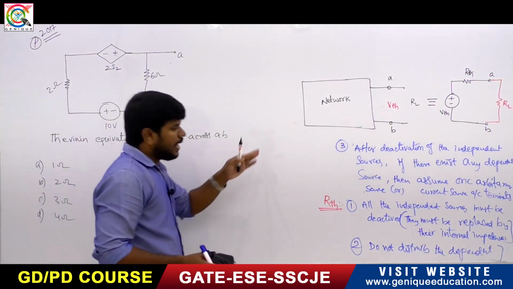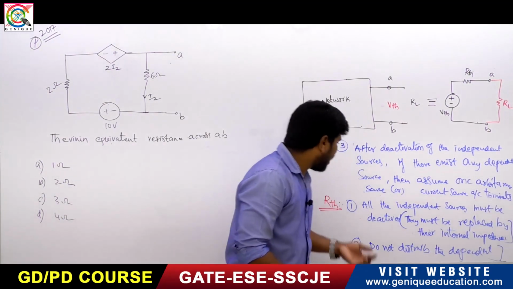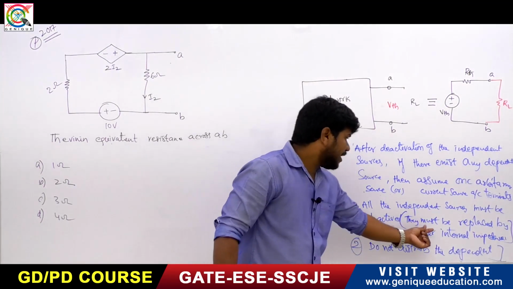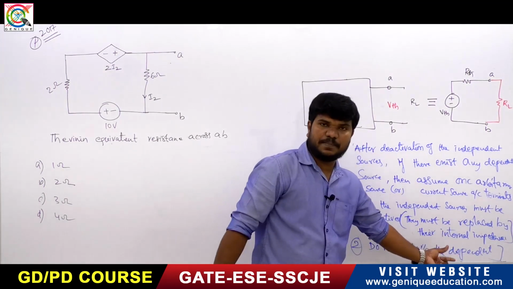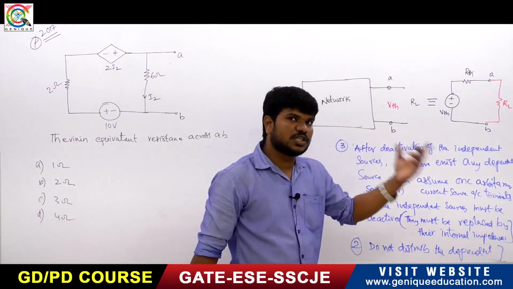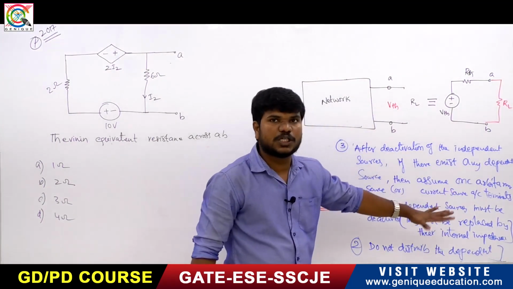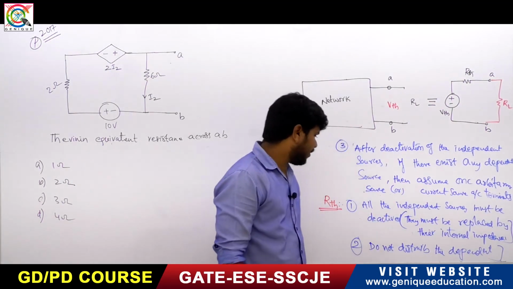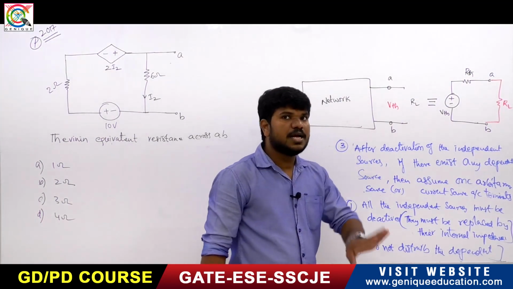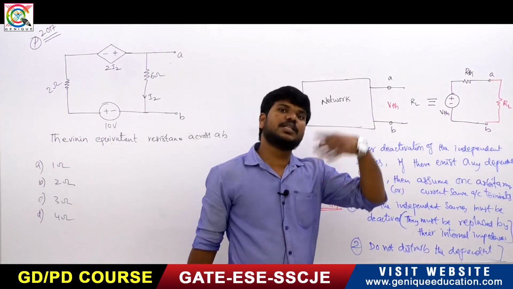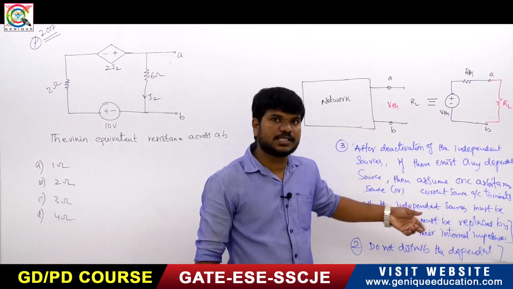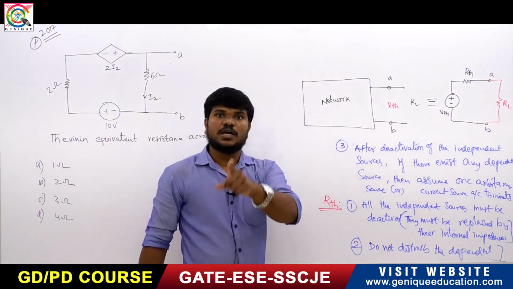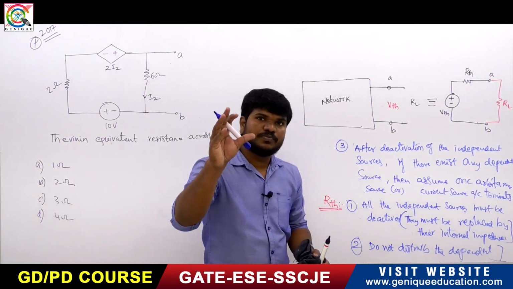So like this, these are the 3 points you have to identify. All the independent sources must be deactivated. That means they must be replaced by their internal impedances, that is, voltage source must be short circuited and current source must be open circuited. And do not disturb the dependent source. After the deactivation of the independent sources, if there exists any dependent source, then we have to assume how to find.